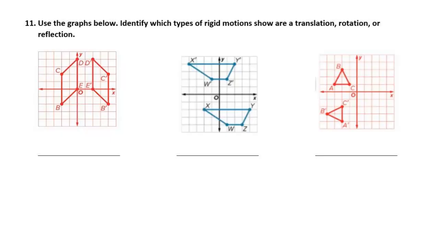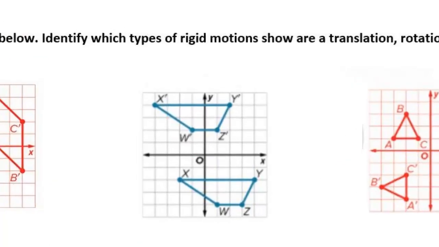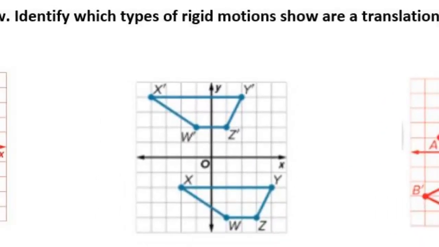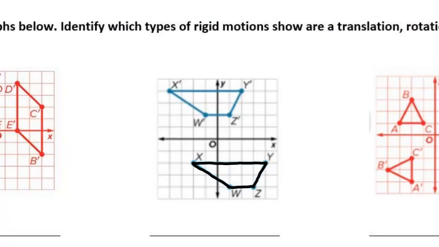All right, let's see if we can figure out what's going on. Let's look at the middle one first. A translation is a slide, so it starts off with this one, WXYZ. If I take WXYZ and I slide it up and to the left, it lands right on top of that one.